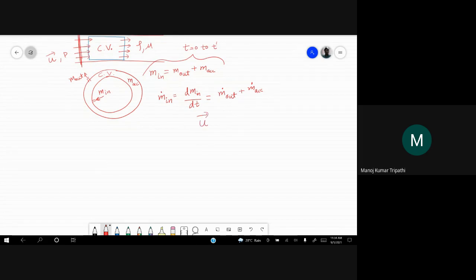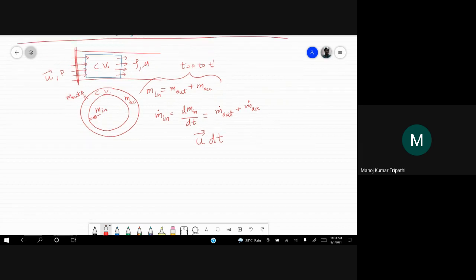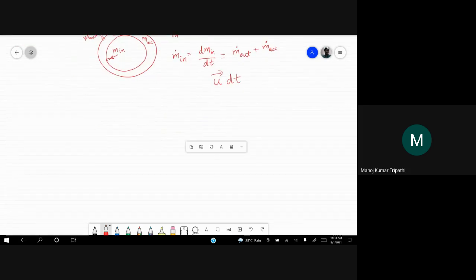Velocity into dt or delta t. In time dt, what is the volume that goes in? So velocity times dt gives the distance which a particle in the fluid travels, right? So let me draw it here.